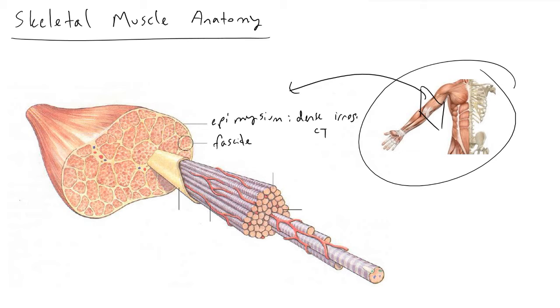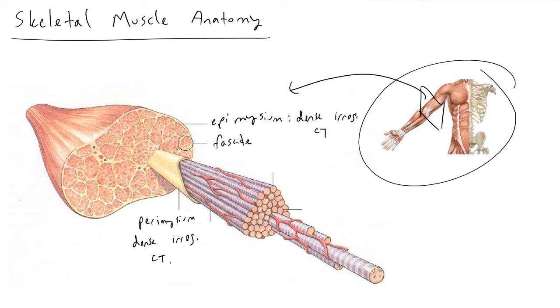Each fascicle is lined with an additional connective tissue called the perimysium. The perimysium in this case is this yellow thing that covers our fascicle, and it is also composed of dense, irregular connective tissue.